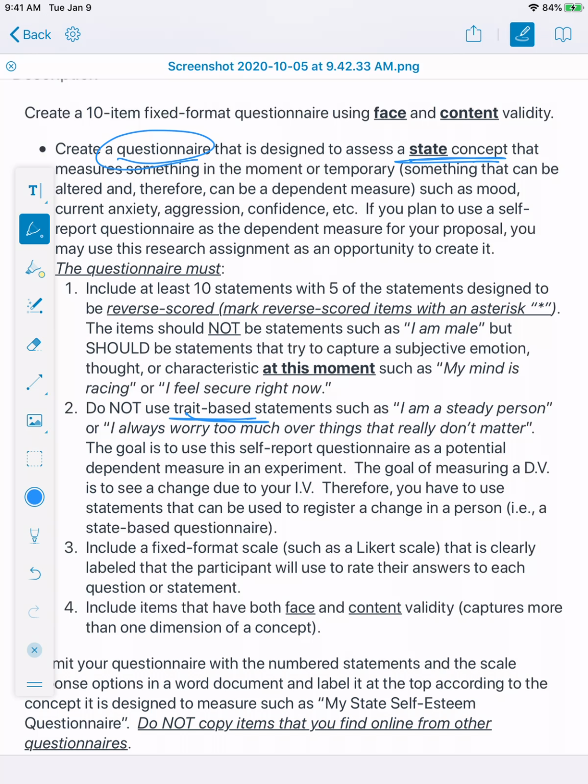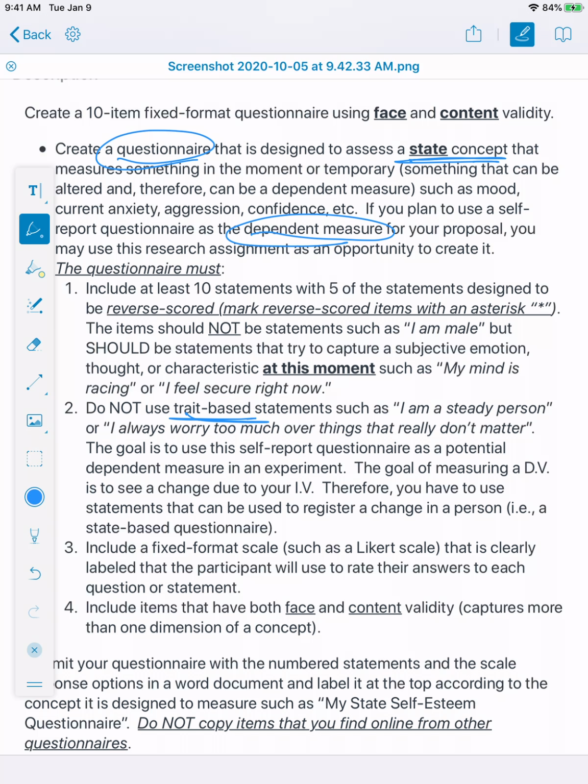The reason we're doing that, measuring something that can happen in this moment that can be changed, is because we want to potentially use this self-report questionnaire as a way of measuring our dependent variable. If we're using this to measure our dependent variable, it must therefore change.